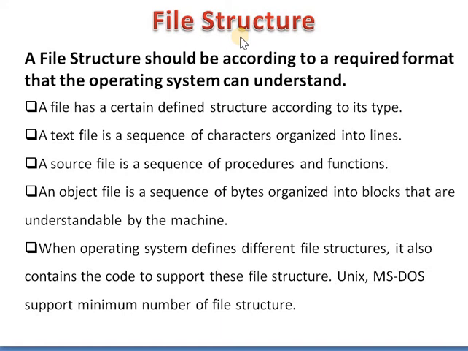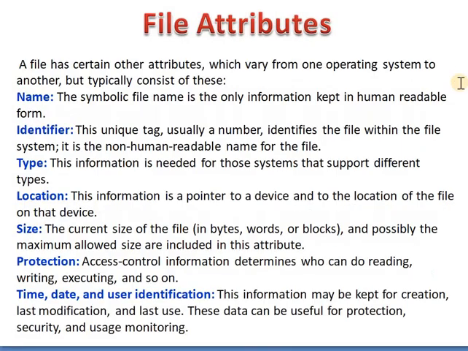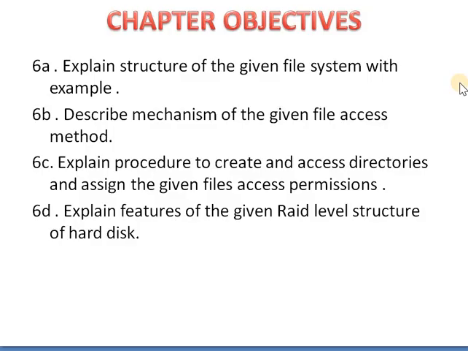These are the three types of file structure used in the operating system. First one is the byte sequence structure, second one is the record sequence structure, and third one is the tree structure.